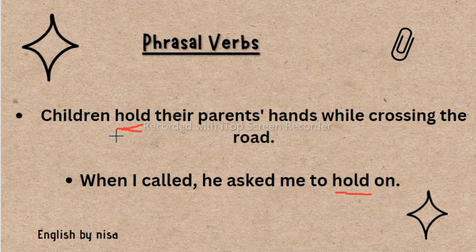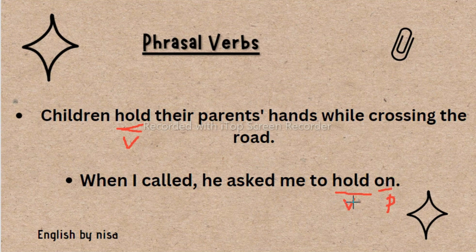Here in the first sentence, hold means to grasp something, to take the support of something. But with the addition of the preposition on along with this verb, it becomes a phrasal verb, hold on. So its meaning changes completely. This hold on becomes wait here now.